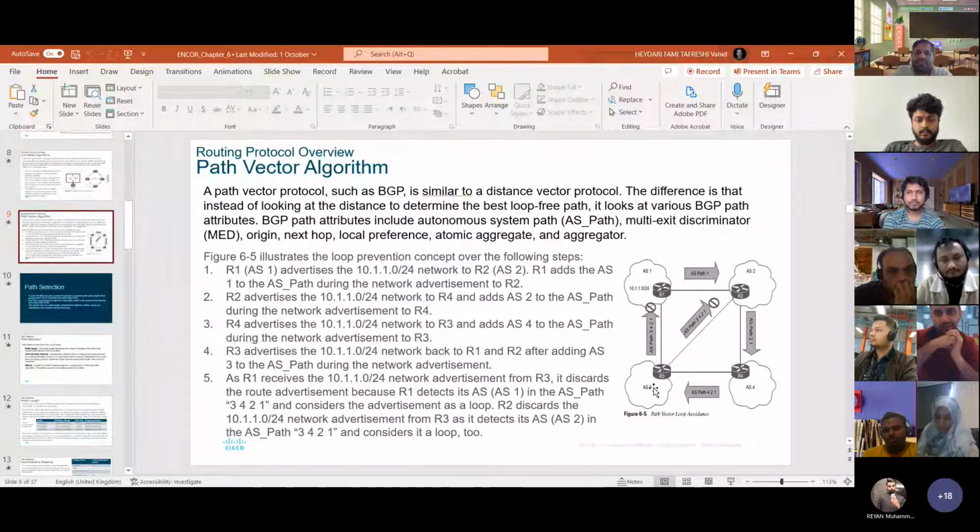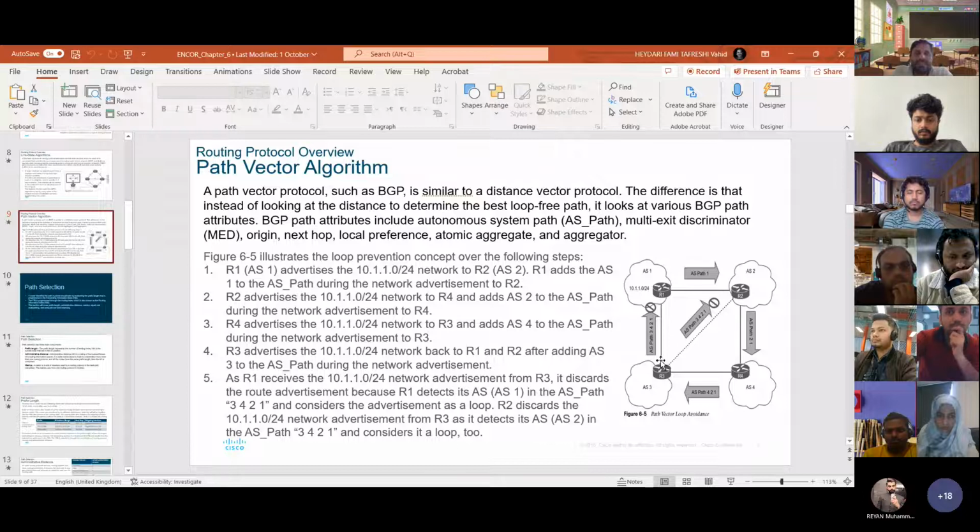By the same token, if these 3 ISPs have a subscription or some contract between each other, they may use those attributes in a way that the traffic for 10.1.1.0 will be going this way, not that way.